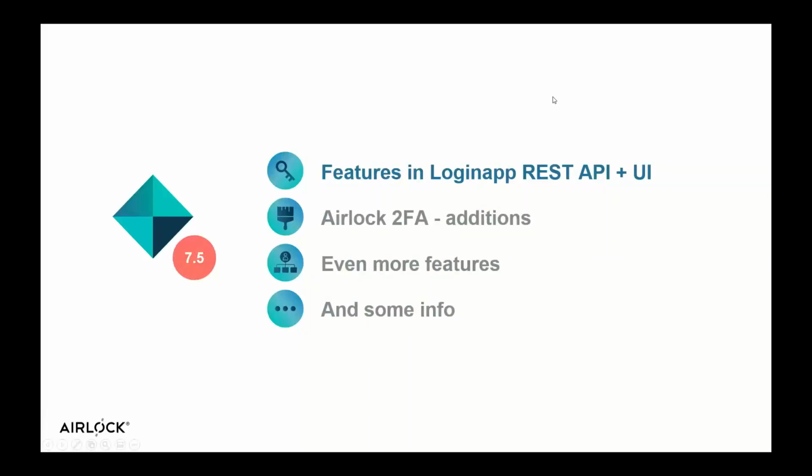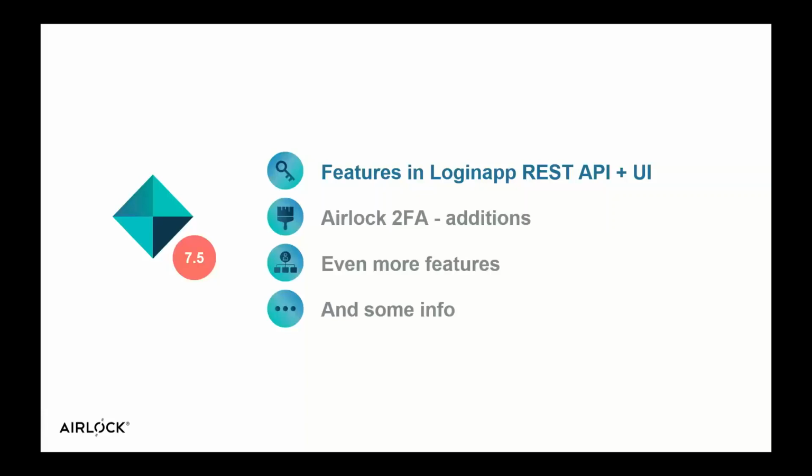As you might know, we are preparing a big move from the classical JSP-based Loginapp to the Loginapp REST API. We started this a few releases ago, and the goal is to move over completely to the Loginapp REST API with version 8.0. So IAM 8 will include only the Loginapp REST API and not the classic JSP-Loginapp anymore.